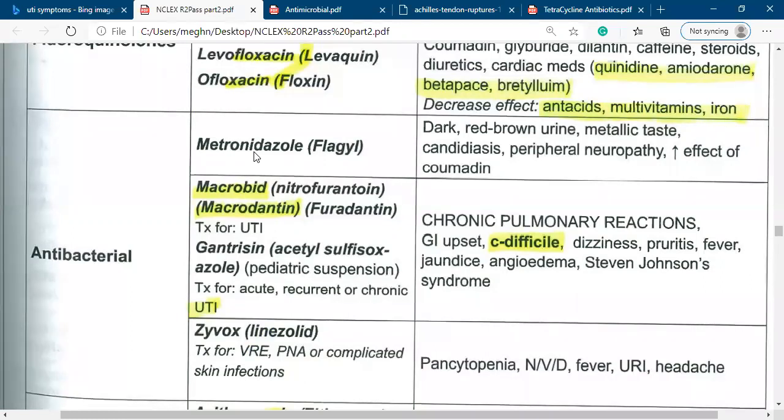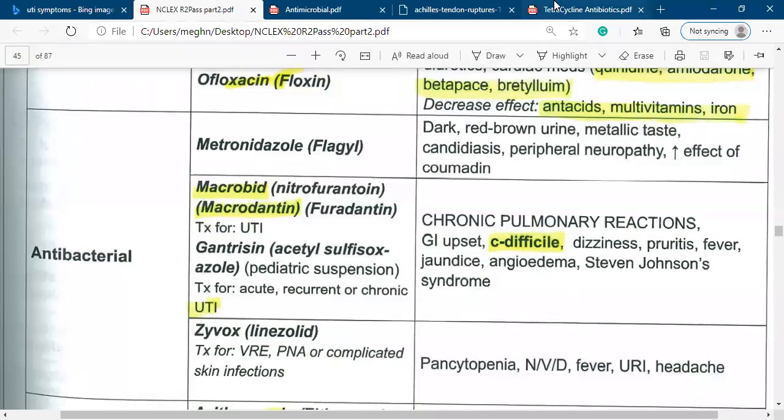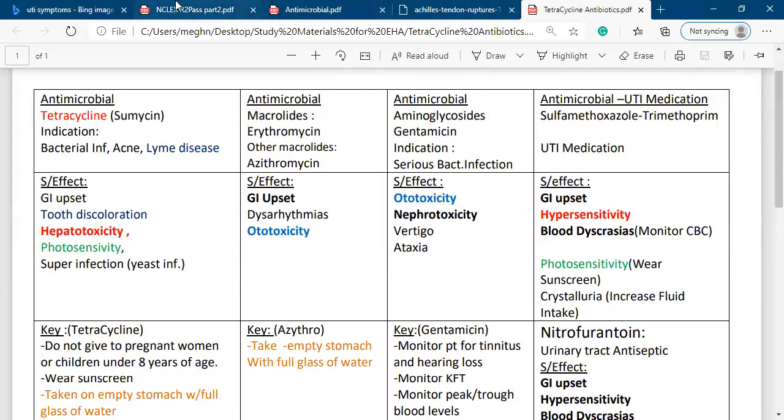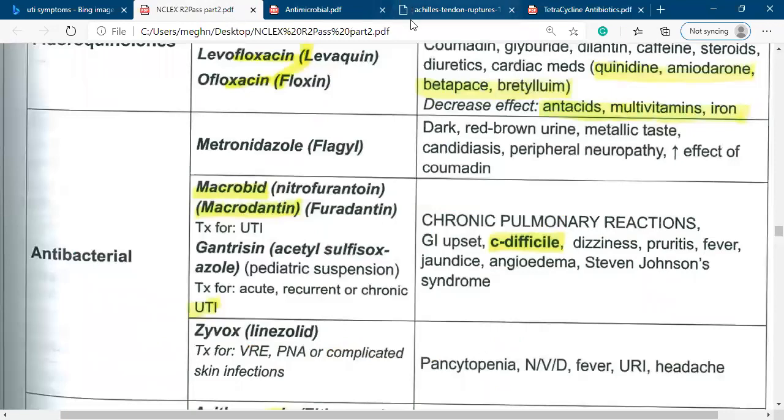The side effects of metronidazole: they sometimes cause dark red-brown urine or taste change, or superinfection like candidiasis, peripheral neuropathy, or increase the effect of Coumadin.